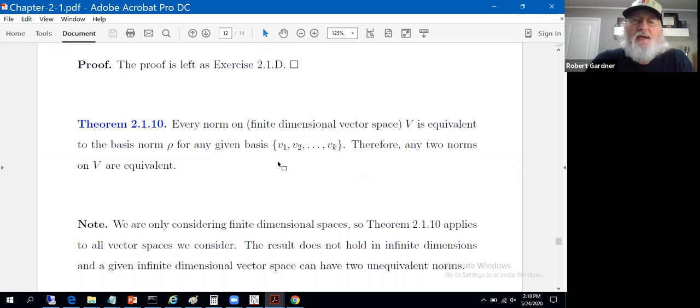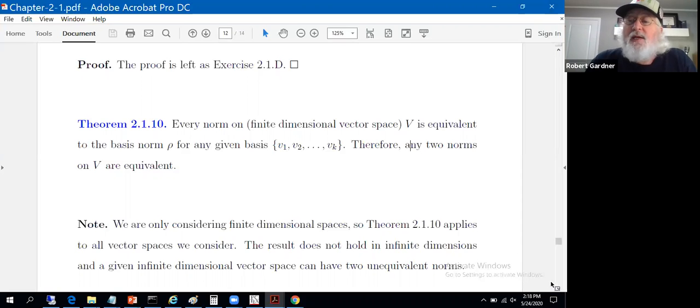We're going to take an arbitrary basis and show that any norm is equivalent to the basis norm determined by that basis. Transitivity will then apply: you grab any norm and any other norm, they're both equivalent to that basis norm, and so are equivalent to each other.